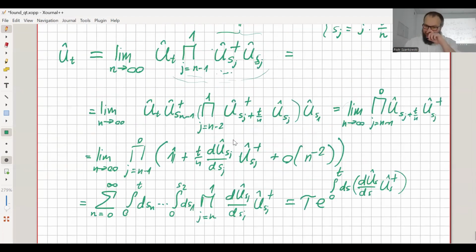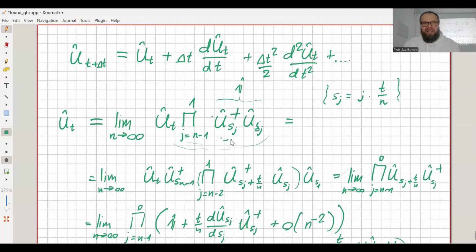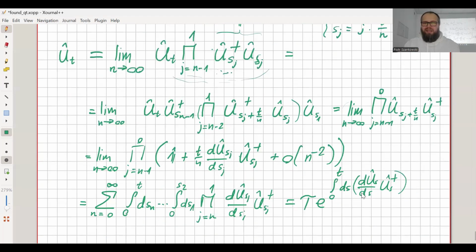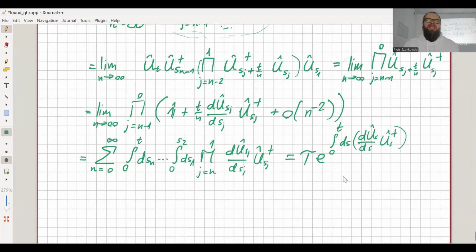Now, U_t is this time-ordered exponent, but it has to be a unitary operator for every t. If U_t is unitary, this forces the generator here to be a possibly time-dependent Hermitian operator.